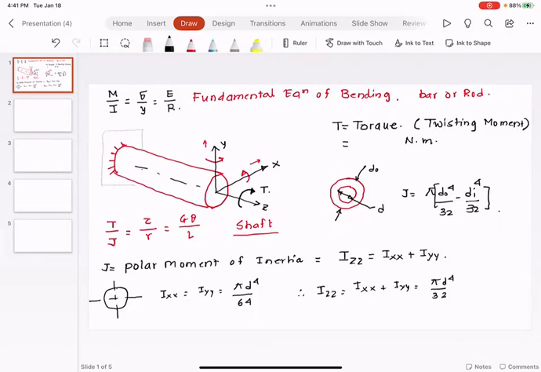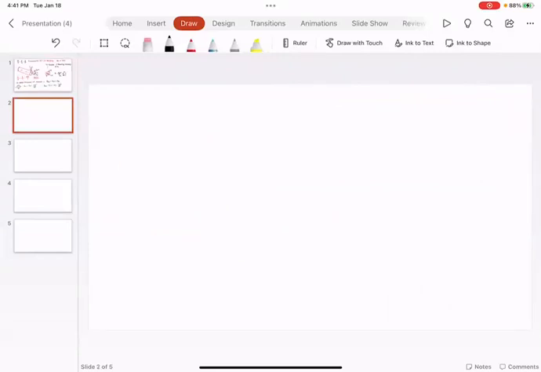There is another equation that plays an important role, which is the equation for power transmission. P is equal to 2 pi N T divided by 60, where P is power in watts, T is the torque, and N is the RPM.